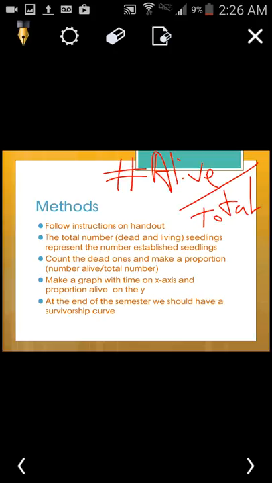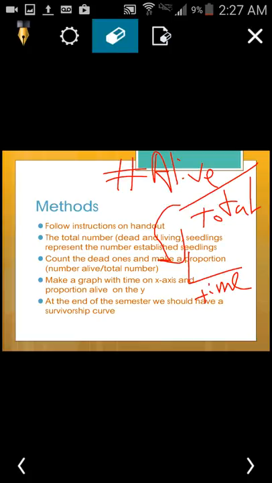He wants to make a graph with time on one axis and the proportion alive on the other axis, and get a line. At the end of the semester, we should have a survivorship curve.